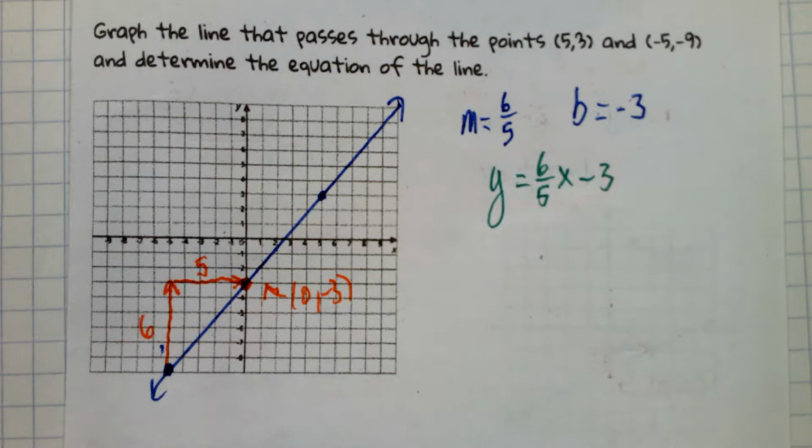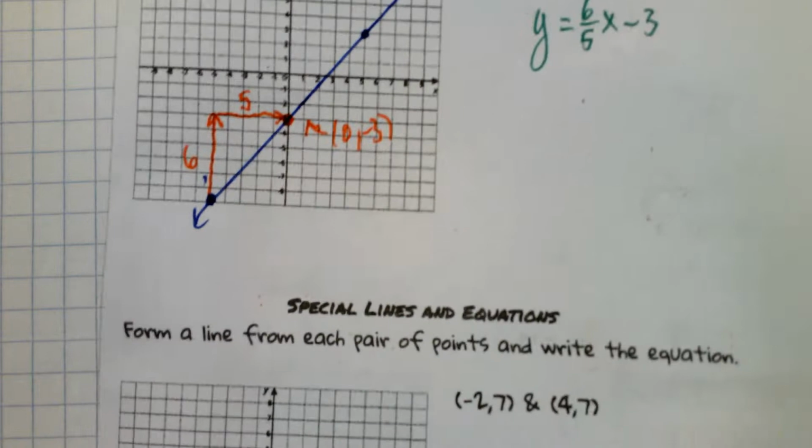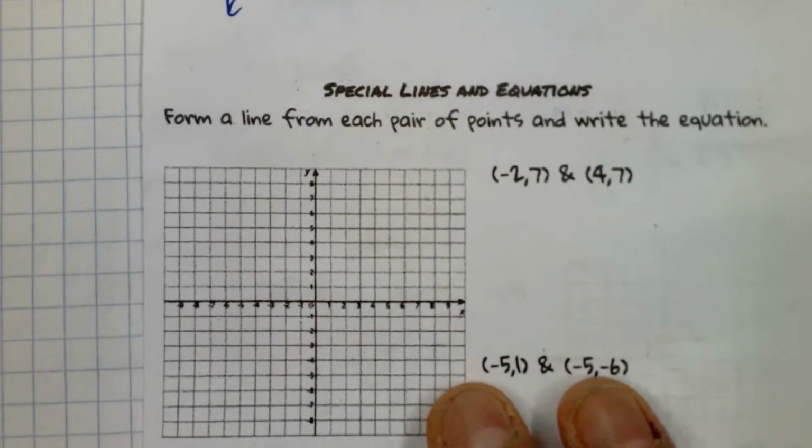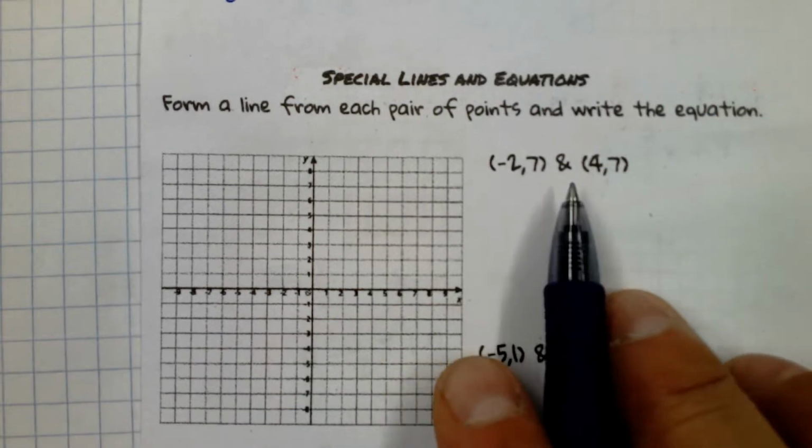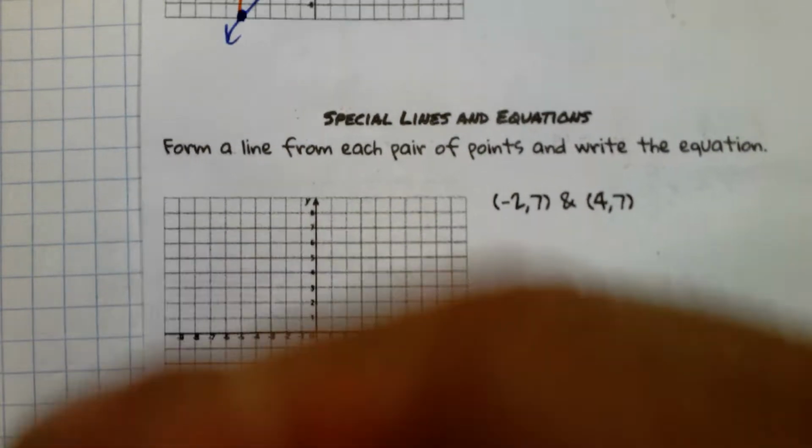Okay? All right. So the last thing we're going to do is we're going to figure out equations for special lines, because the special lines have different types of equations. Okay? Right here. So we're going to graph 2 lines on one graph. So let's do that. We're going to graph -2, 7 and 4, 7.